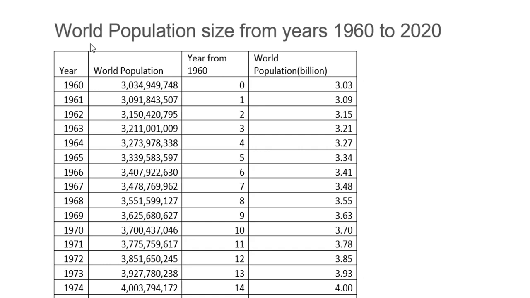For the data of world population size from years 1960 to 2002, I will use the initial value 3.03. For doubling time, we need to figure out in which year it is 3.03 times 2, that is 6.06.